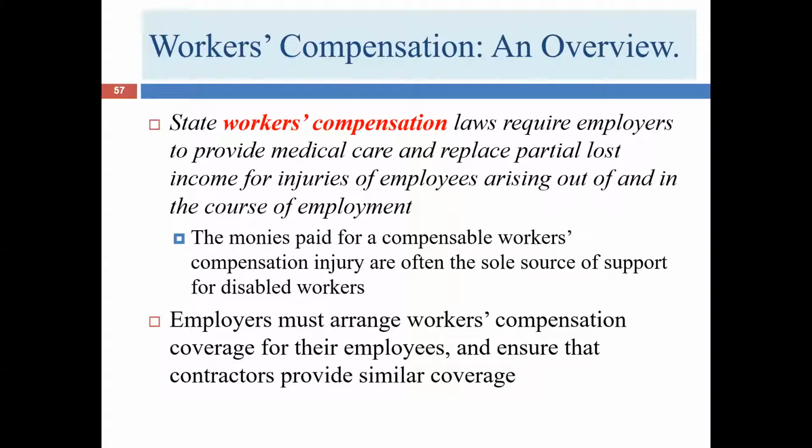Now, exactly how this happens varies from state to state. In some states, the employer is simply required to purchase usually a commercial insurance product. Liberty Mutual, AIG, those are two market leaders in this area. In other states, the employer is required to purchase an insurance product that the state actually maintains and regulates. And so there is literally just one-stop shopping, a monopoly on that market for that particular state.